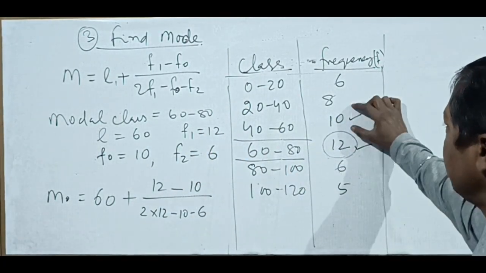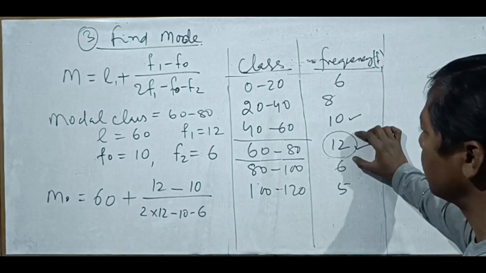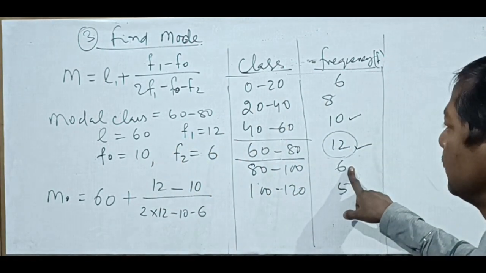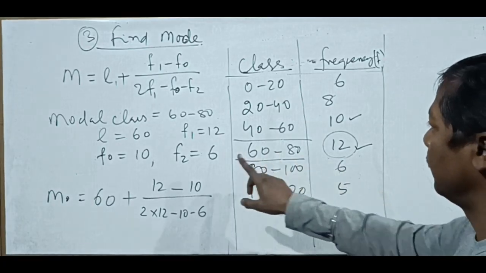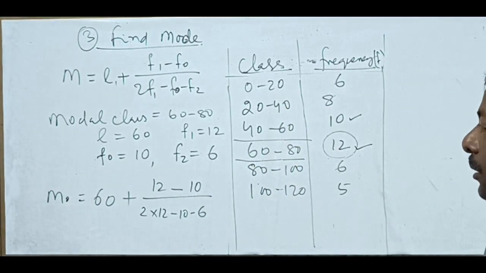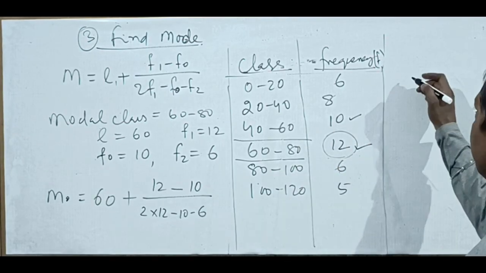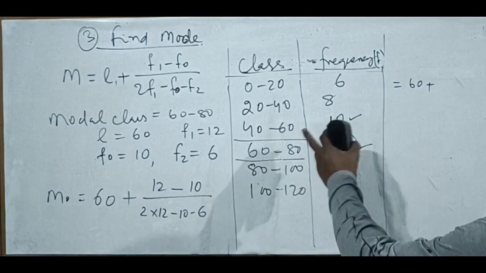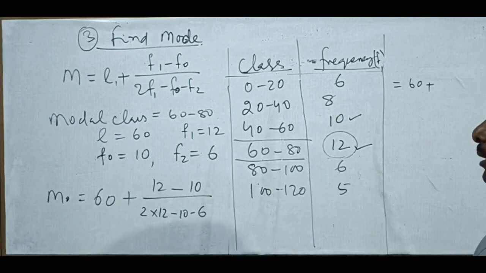The preceding frequency of the modal class will be f0, and the succeeding frequency of the modal class will be f2. Just put the data in the formula and calculate it. It is very easy. Just remember the formula and the f1, f0, f2 data.